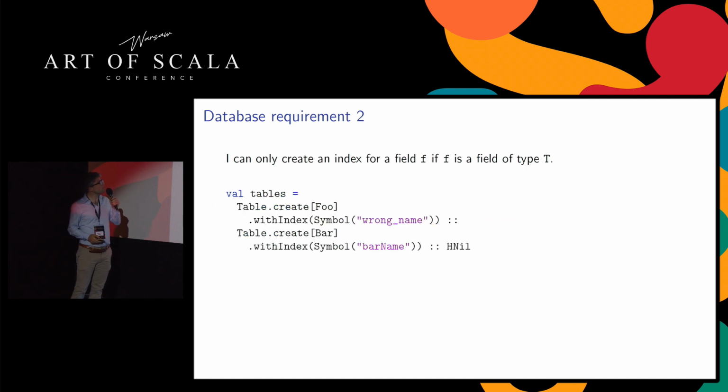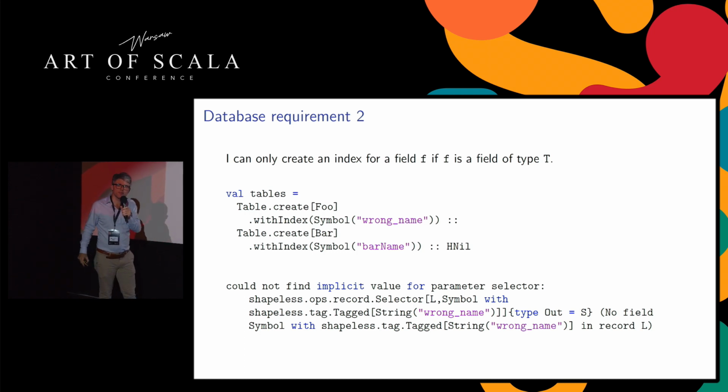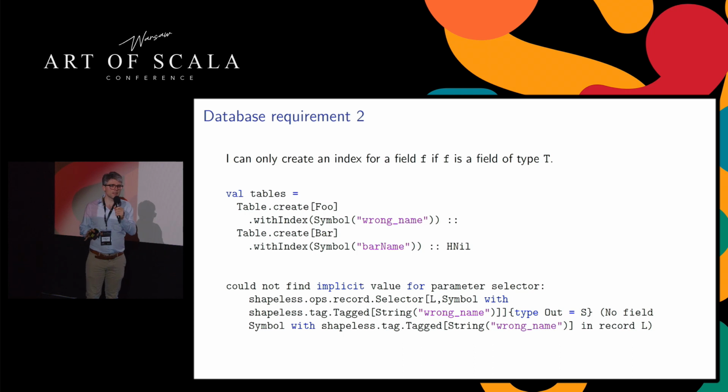And when we try this, and we add the wrong name, and we try to compile this, we actually get an error at compile time because the compiler says could not find implicit value for parameter selector, which means that it cannot prove that foo has a field with the name wrong name, and it hasn't, so it's correct that it cannot prove it.